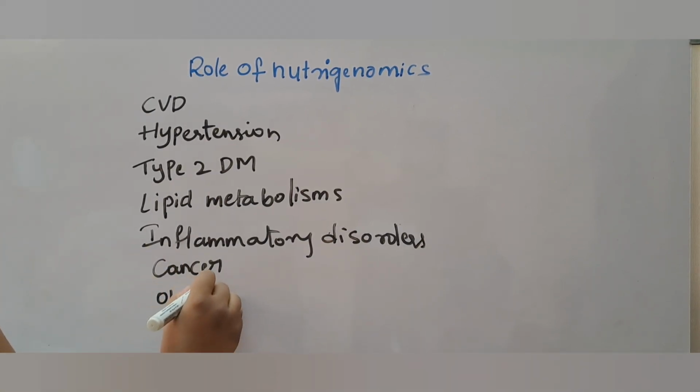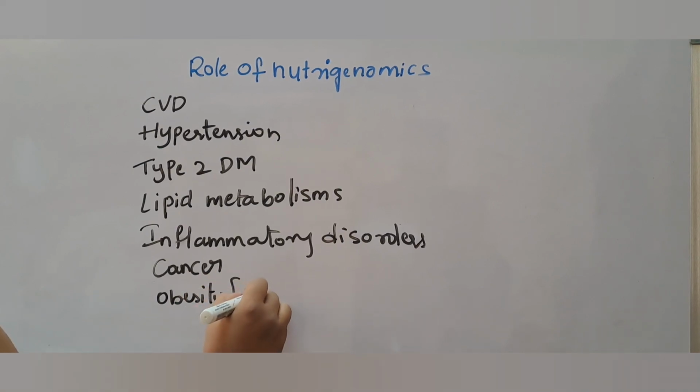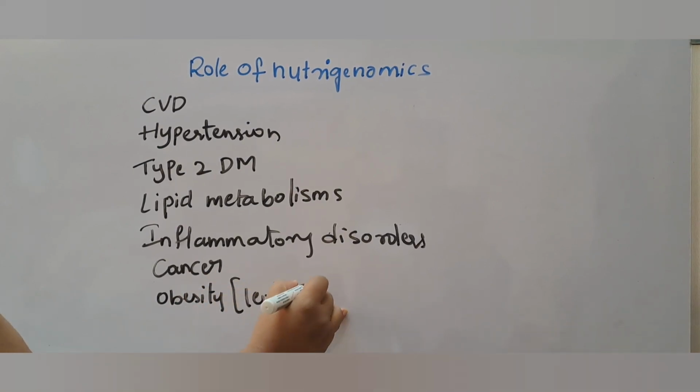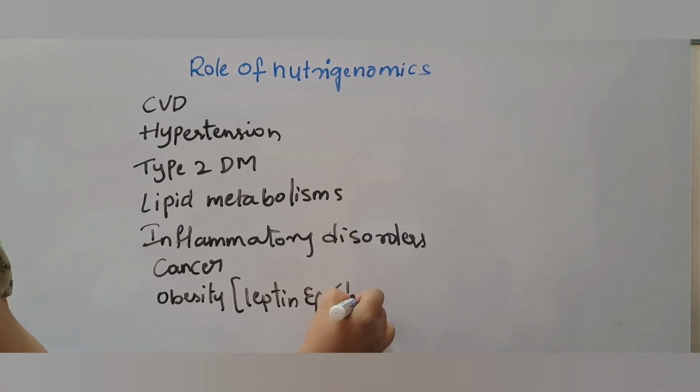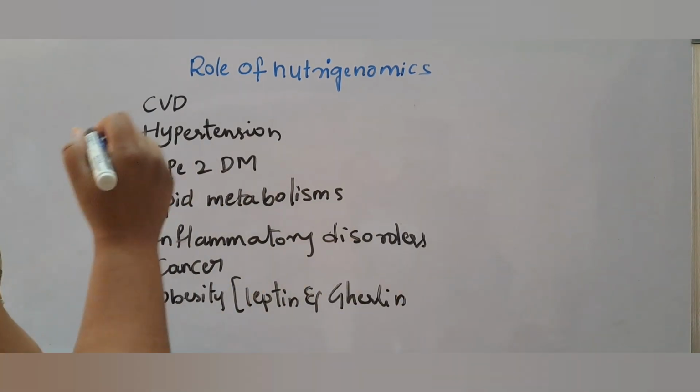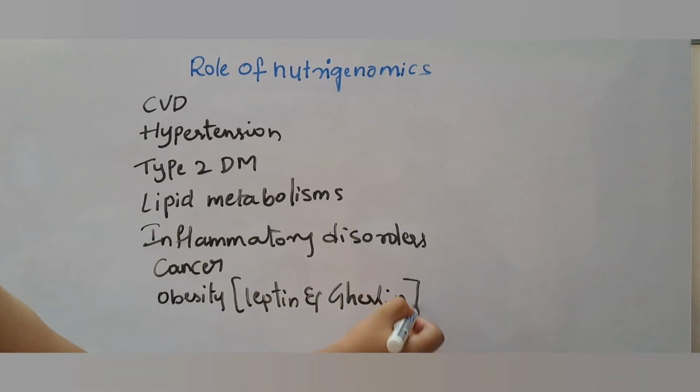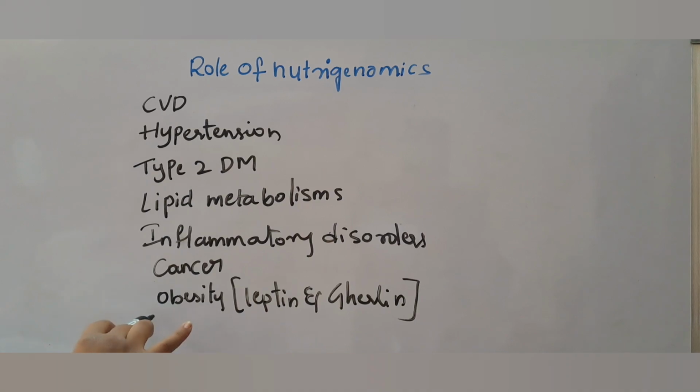In that we'll learn about the obesity hormones like leptin and ghrelin. So this is modulating of obesity. We'll learn it at the last.